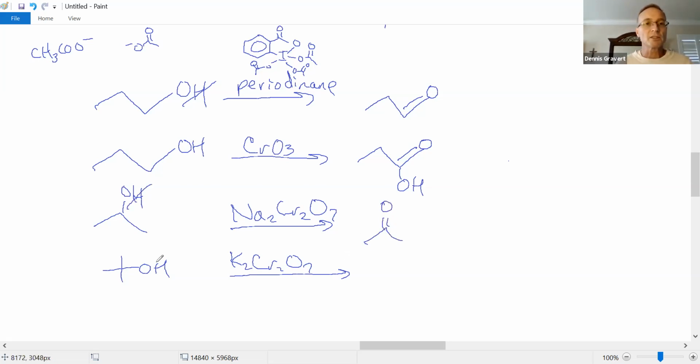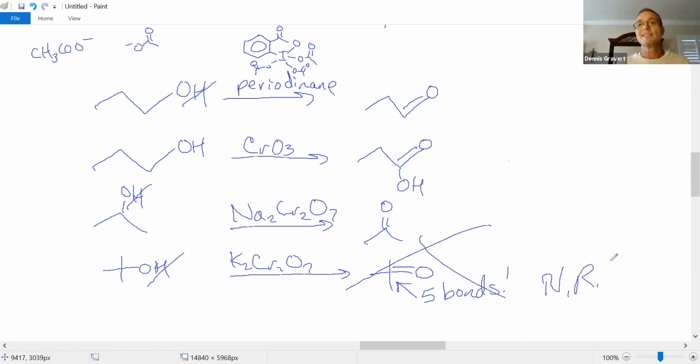Cool. Tertiary, take away the H, double up the bond. Wait, 5 bonds. Carbon can't do that. There's no reaction down here. Yay. Okay, so that's a nice pattern. Just be careful. Don't just walk away or do homework when you're really sleepy and leave that structure. Yikes, no, that doesn't exist.